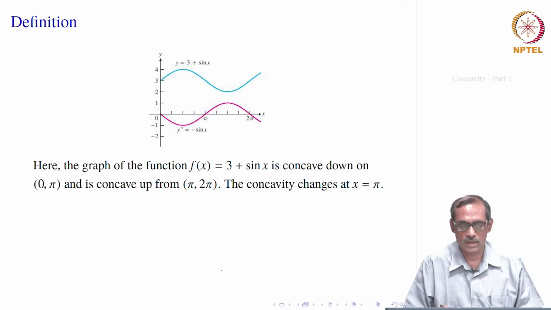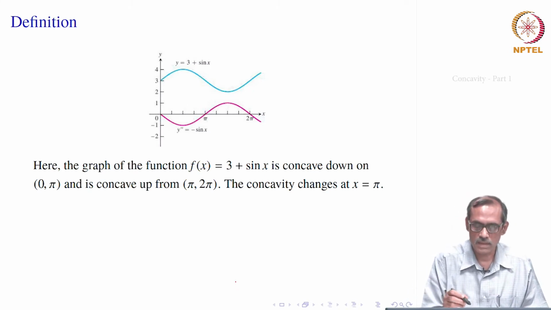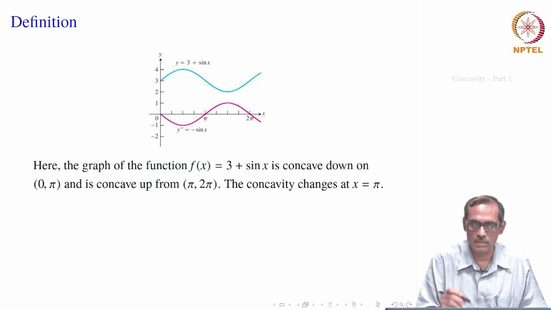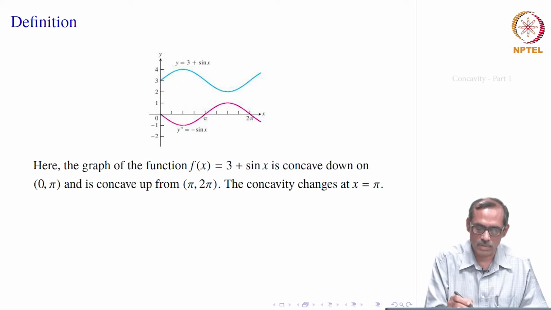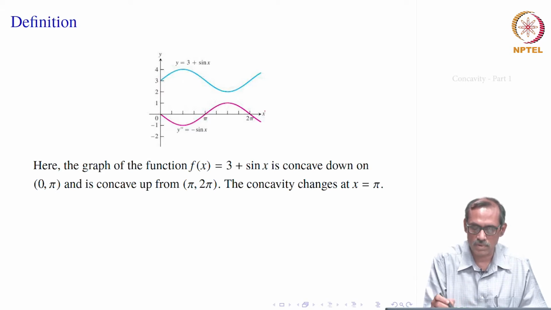So, let us look at this picture. Here is a plot, that blue one you can see, it is a plot of y equal to 3 plus sin x. And of course, y double prime is minus sin x, which is plotted in pink. Now, look at this blue one, which is our function f of x, it is 3 plus sin x.